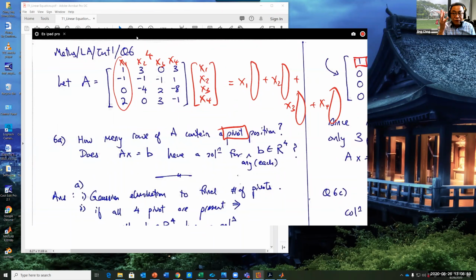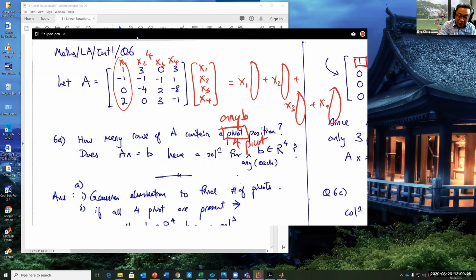Now, if I have 4 variables because I have x1 to x4, to solve for them, I need 4 pivots. Remember, the pivots help us to solve the variables. If there are only 3 pivots, then something is going to give. So in this question, if you just want to do it mechanically, the answer is, for any B to have a solution, there must be 4 pivots.